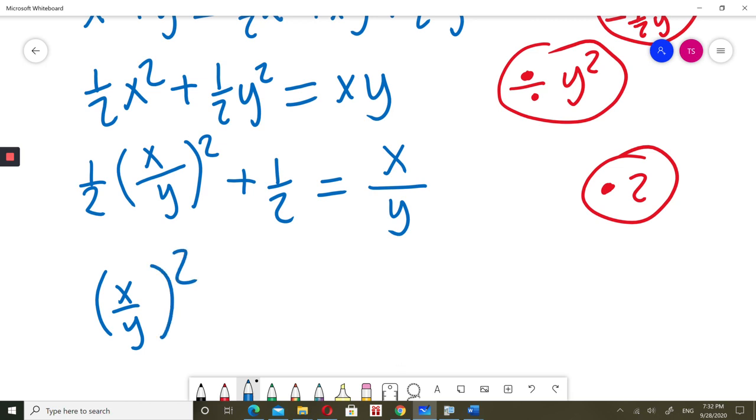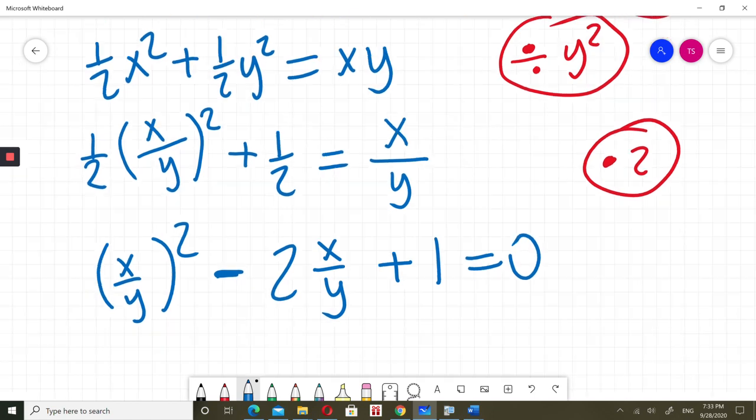On the right side I had just x divided by y, and I multiplied by 2, so 2x divided by y, but I want to move it to the left side, so I will change sign. Minus 2x divided by y, and that 1/2 times 2 would be plus 1, and this will be equal to 0, because I moved x divided by y.